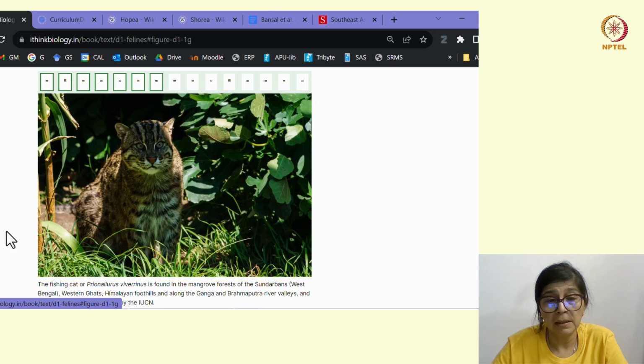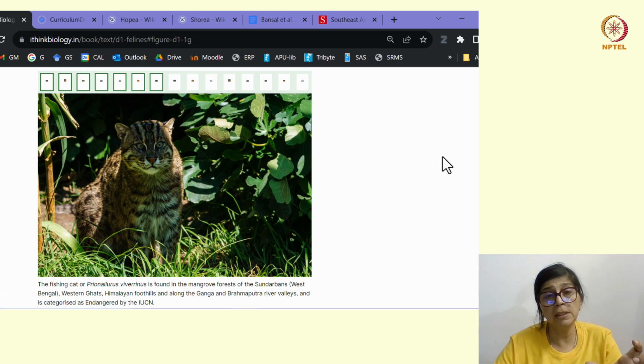Fishing cat. The fishing cat used to be very common, but slowly it is getting more and more endangered. We also talk about the fishing cat in this chapter and how it has a lot of human-animal conflict in terms of fish as a food resource.